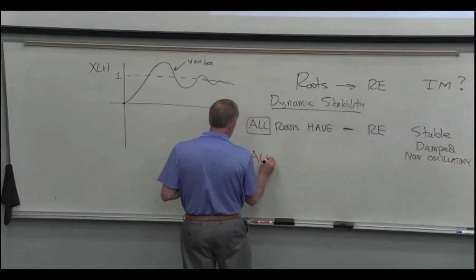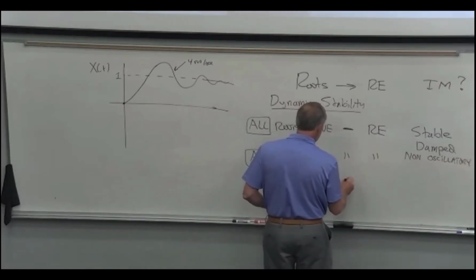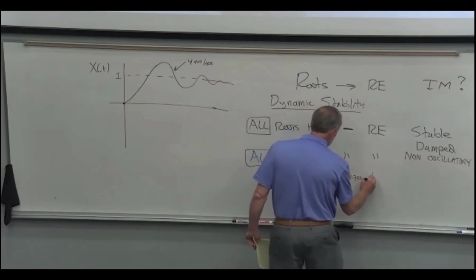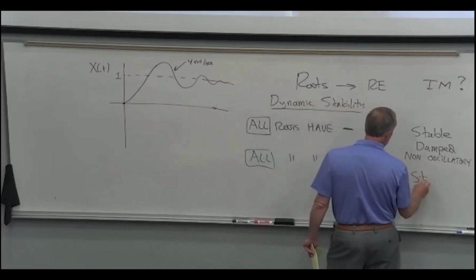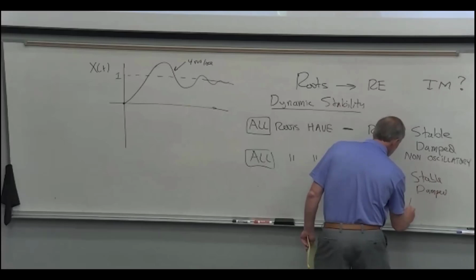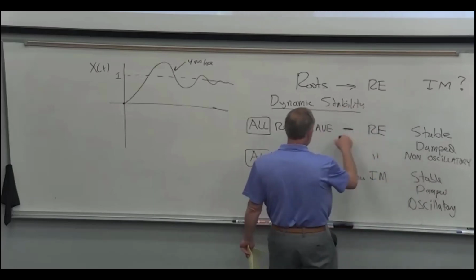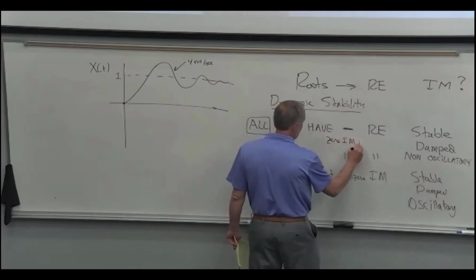And if all roots have negative real parts and non-zero imaginary parts, then it's still stable because every one of those is negative. It's stable, it's damped, but it's oscillatory. Let's see, I should have set up here 0 imaginary parts for this.